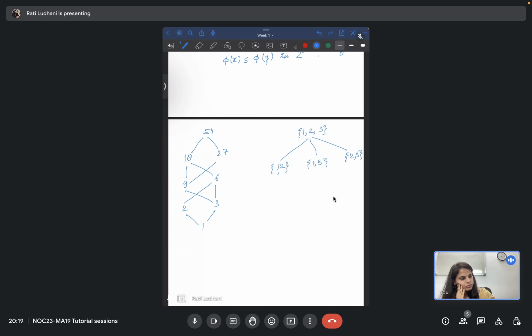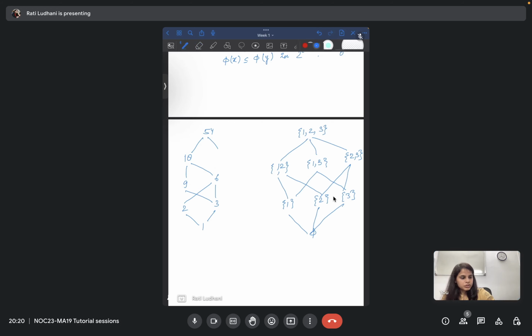Now you go down and you have the singletons 1, 2 and 3, and make the relations. This is your Hasse diagram for the power set of 1 2 3. So can you see these are not similar?